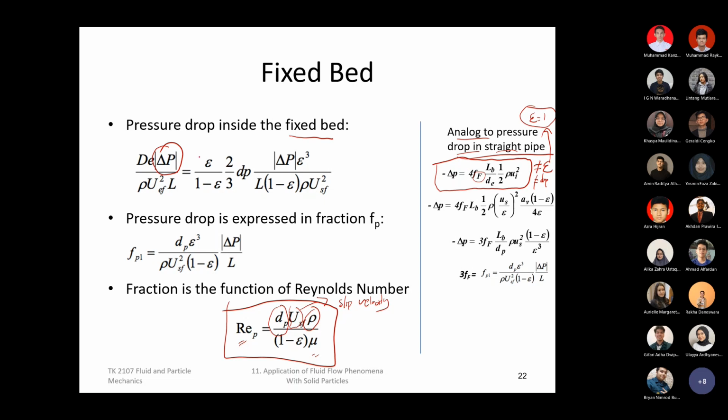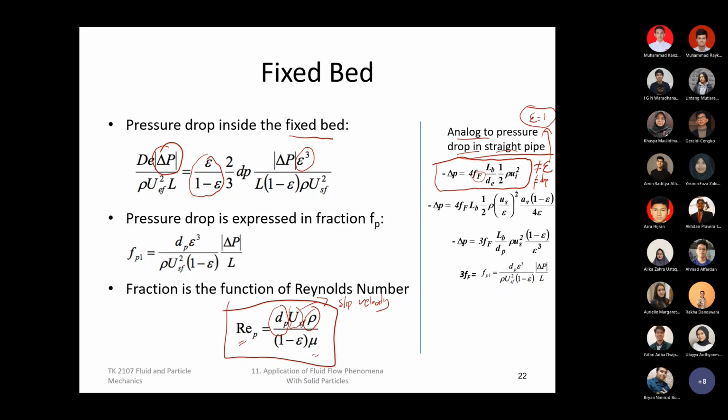But now, because of the particle presence, we have to use the epsilon for the actual area available for the system that can be used as an area for the flow, that is not filled by the particle.